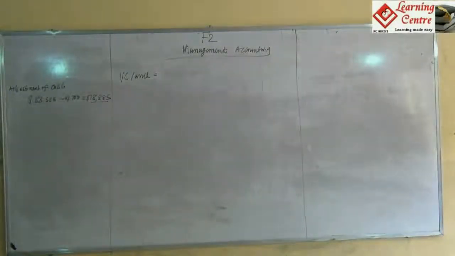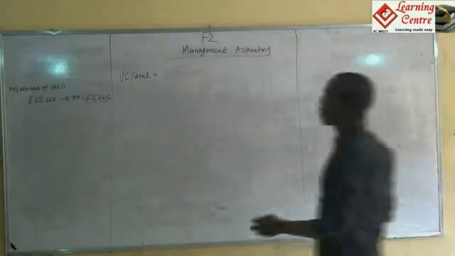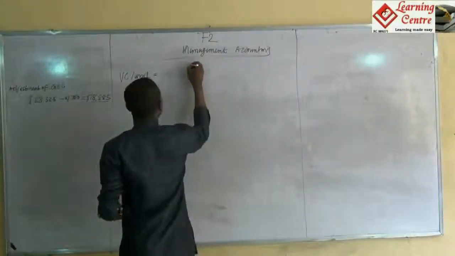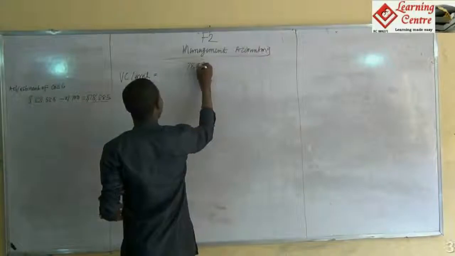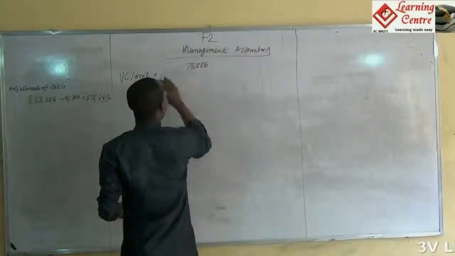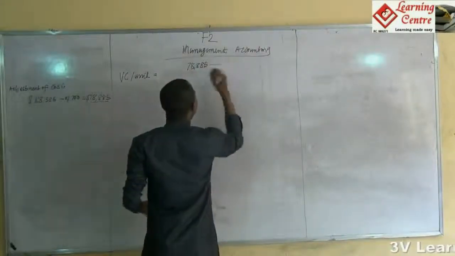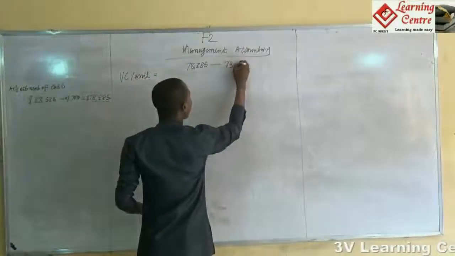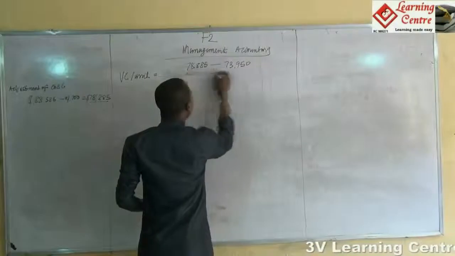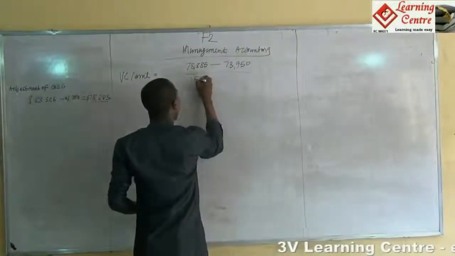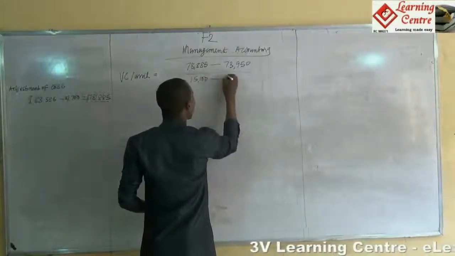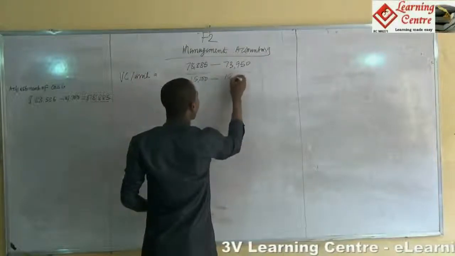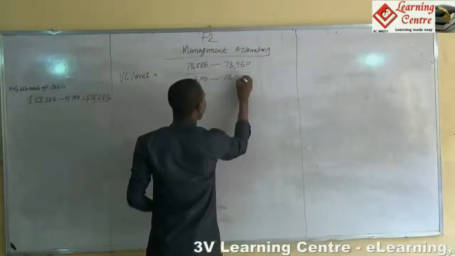So now my highest cost will be 78,885, where there is no step fixed cost, minus 73,950, over 15,100 minus 12,750.